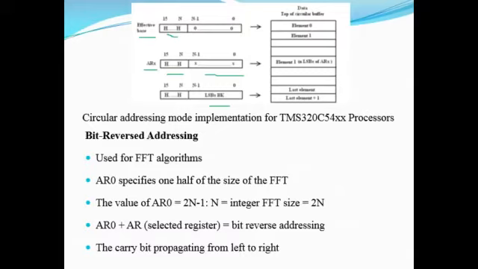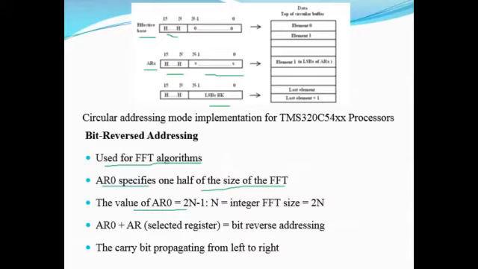Then comes bit reverse addressing. Bit reverse addressing is normally used for FFT algorithms and AR0 will specify one half of the size of the FFT. So this we will see when we consider bit reverse addressing in detail, where we are going to identify the present index depending on the previous index value specified in the instruction.